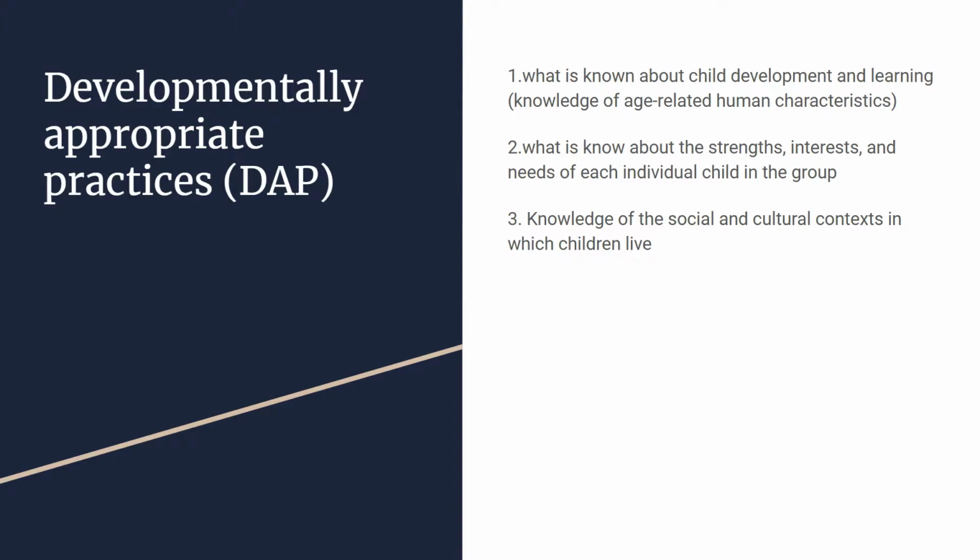Two, what is known about the strengths, interests, and needs of each individual child in that group, to be able to adapt for and be responsive to inevitable individual variation. And finally, knowledge of the social and cultural context in which children live, to ensure that learning experiences are meaningful, relevant, and respectful for the participating children and their families.